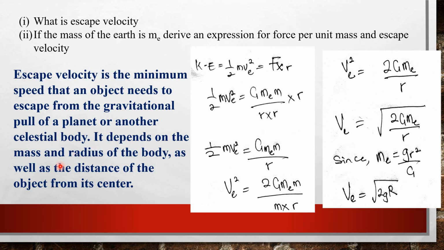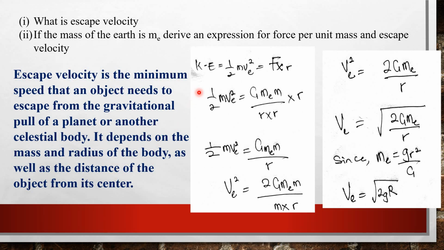It depends on the mass and radius of the body, and the distance of the object from the center of the celestial body. So how do we derive an expression for escape velocity?